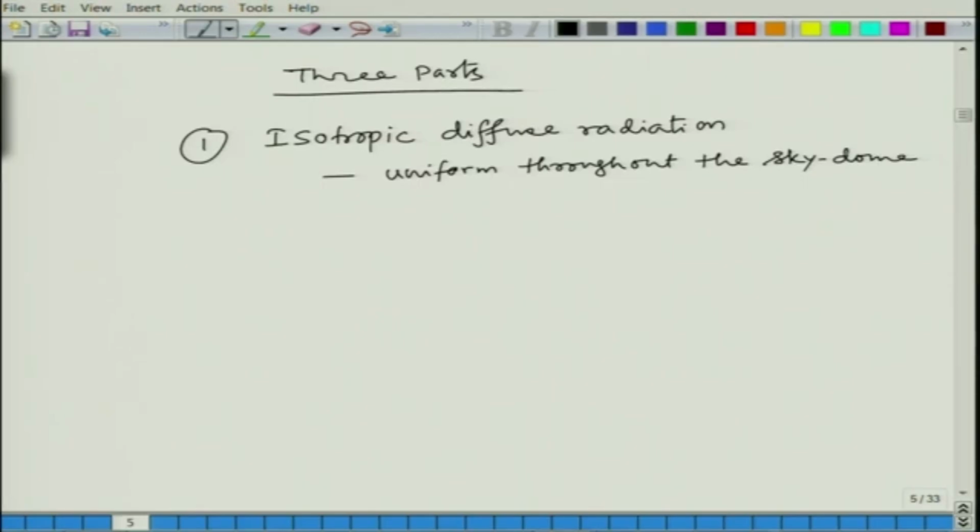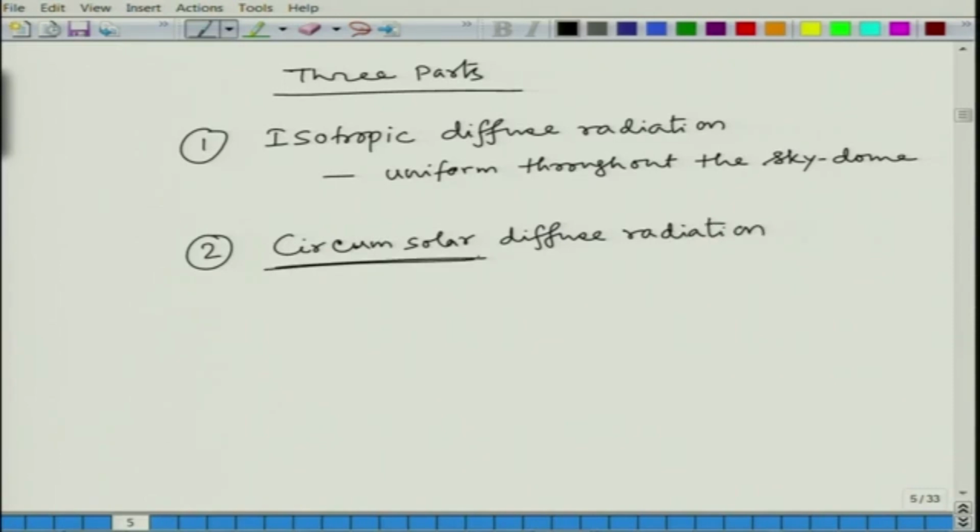The next part we assume is circumsolar diffuse radiation. What does circumsolar stand for? It is around the sun.